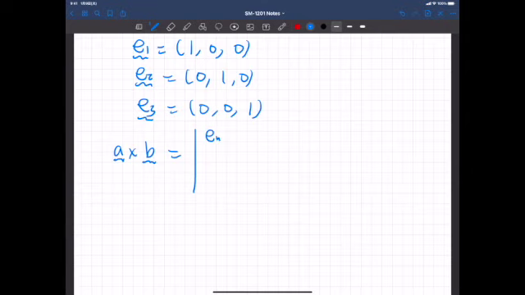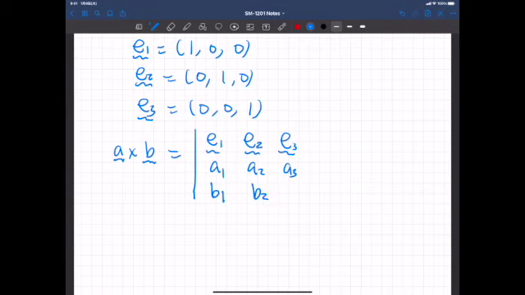Actually, this is not a real matrix determinant because here we have E1, E2, E3 as elements of this matrix, but in a real matrix they cannot be vectors. So this is just a formal way to express the vector product. Then A1, A2, A3, the elements of vector A, and B1, B2, and B3.